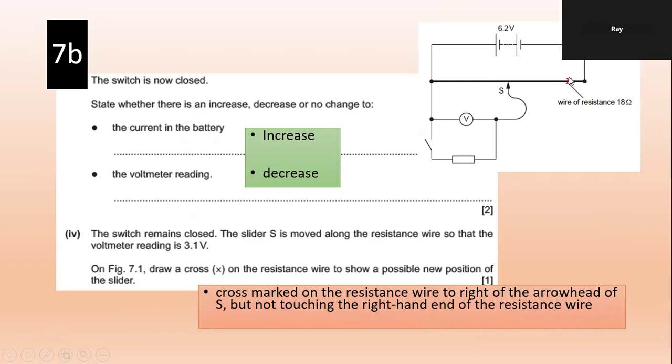Mark it here. 3.1. Okay, any comment? No. So it's towards the other end. Cross mark on the resistance wire to the right of the arrowhead of S, but not touching the right-hand end. Okay, as long as it's not touching, you get your 1 mark.